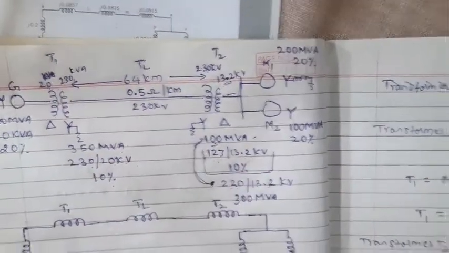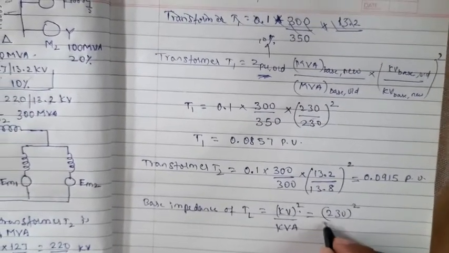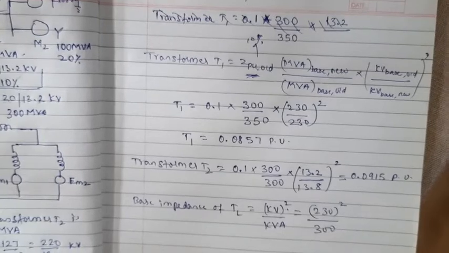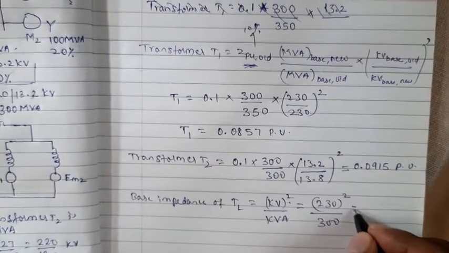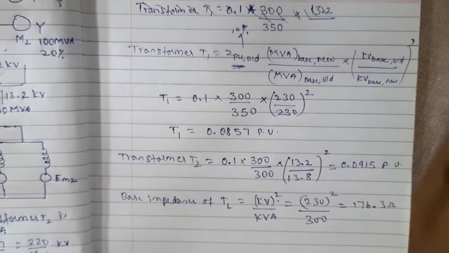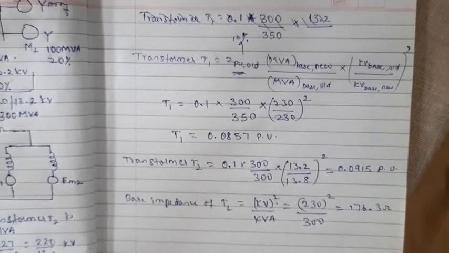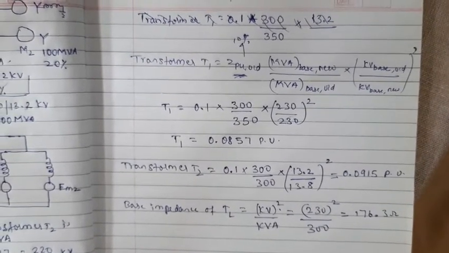What is the kV? It is 230 kV. So 230 whole square divided by 300. We have to take 300 for it. So what is the value? We are going to get 176.3 ohms.